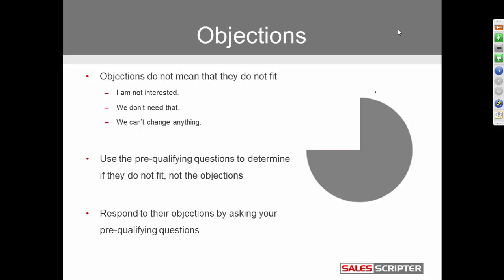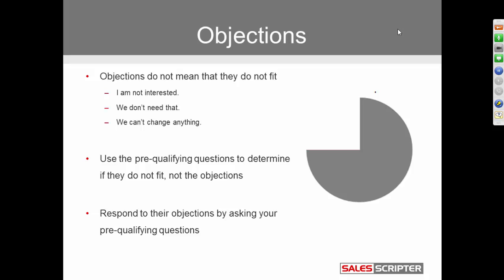The other thing about qualifying questions is that they can help you with objections. When you're prospecting, you're going to run into objections a lot. Objections like, I'm not interested, we already use somebody, we can't make any changes right now. Let's look at the objection of we can't change anything right now.